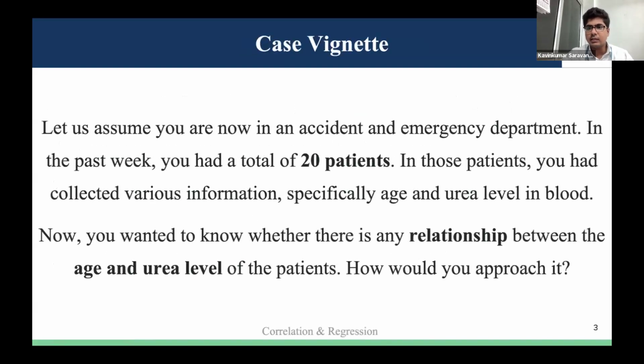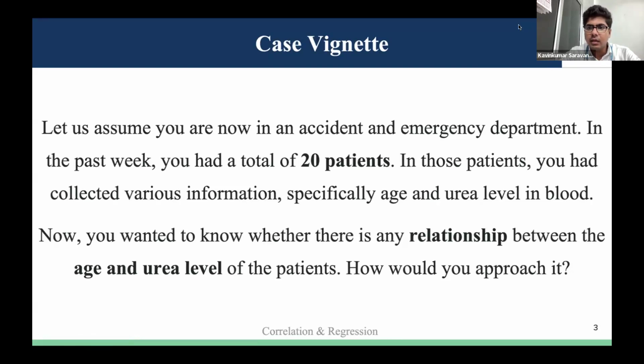So now let us see this case, which will give you an overview. Let us assume that you are in an accident and emergency department. So in that department, there are 20 patients you have seen in the past 1 week. Now we want to know whether there is any relationship between the variables, and you collect various information from these patients.